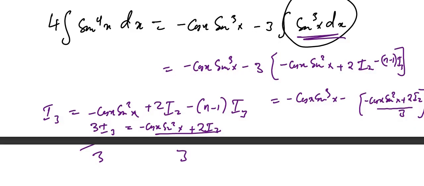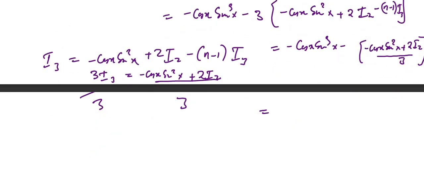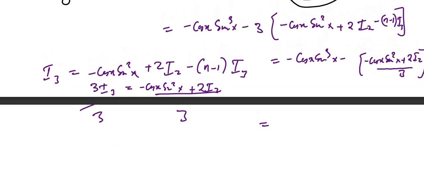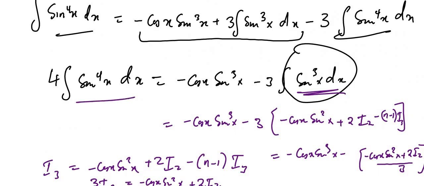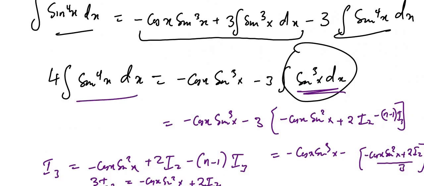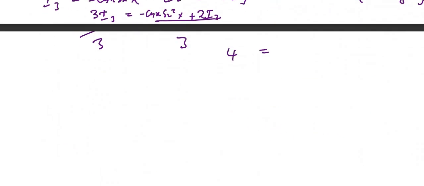Now remember there's a 4 this side, don't forget about the 4. There's a 4 I_4. We're just trying to reduce the I.